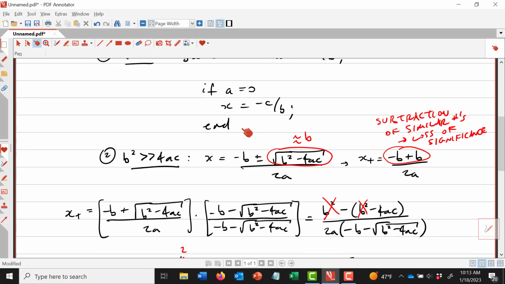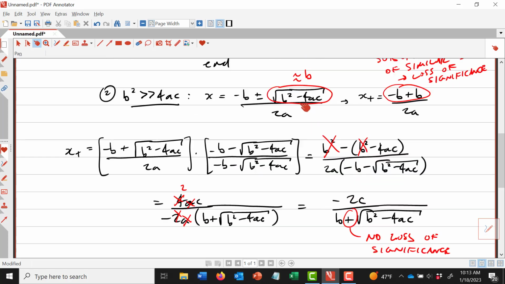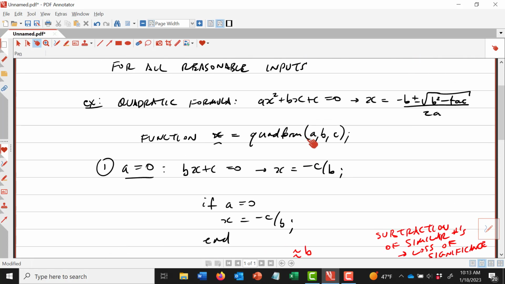And then maybe after that, you can say, well, what if b squared is much, much larger than 4ac? Well, then you use this formula here to get one of the roots. And so that's how you would do it. And then if neither of these two conditions apply, then you can just do the straight solve. And that way, no matter what you have for any reasonable inputs for the quadratic formula function, you'll get roots that are accurate.